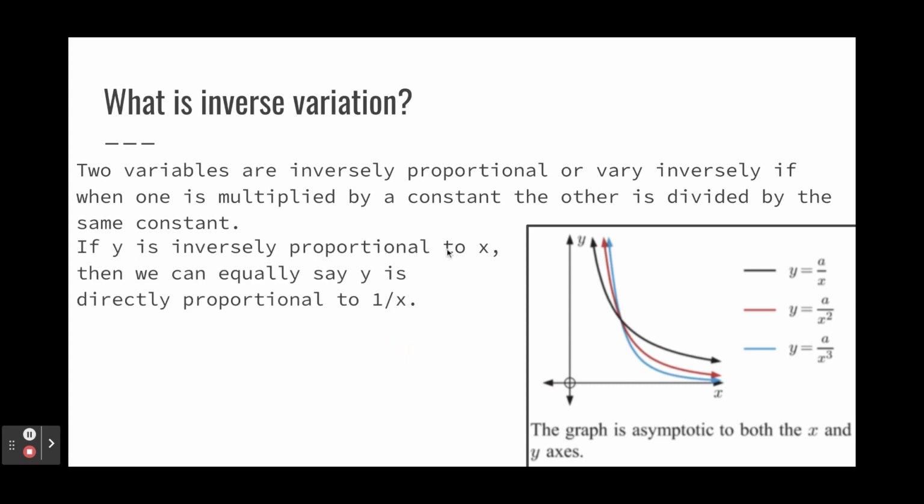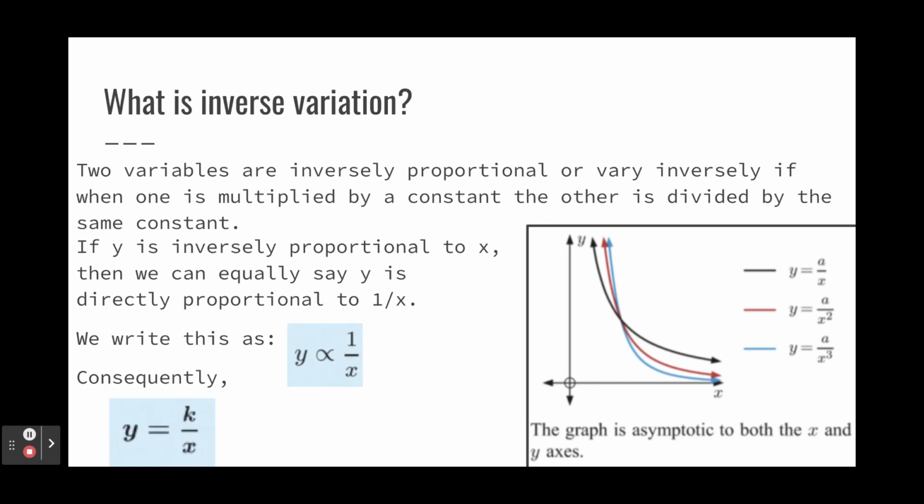And if y is inversely proportional to x, then we can equally say that y is therefore directly proportional to the inverse of x, so 1 over x. So that means that we can write it as y is directly proportional, this is the symbol for directly proportional, to 1 over x.